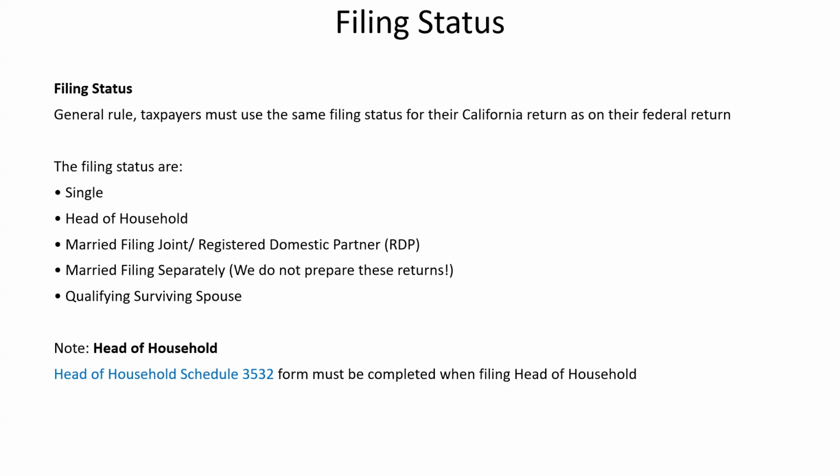And so the general rule is when you're filing a federal return, let's say your filing status is married filing joint on the federal side of the house, then on your state return, most likely or generally, you're going to be filing married filing joint. So that's what you're going to see. Usually that's not a change for you in the VITA program. And then we're familiar with all these filing statuses.